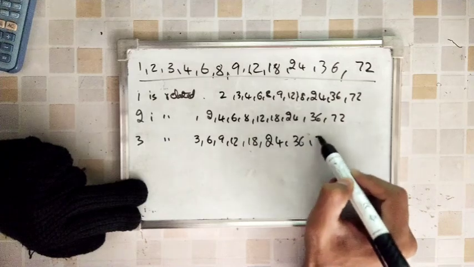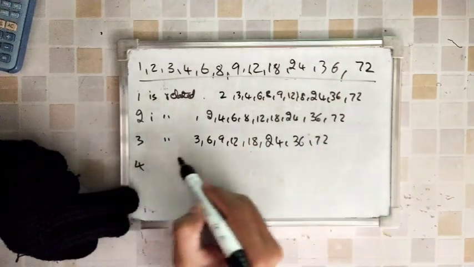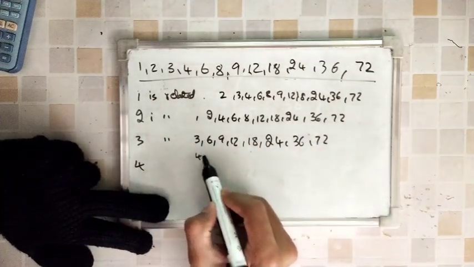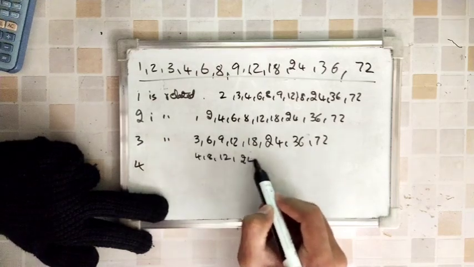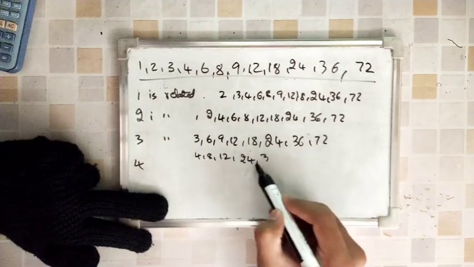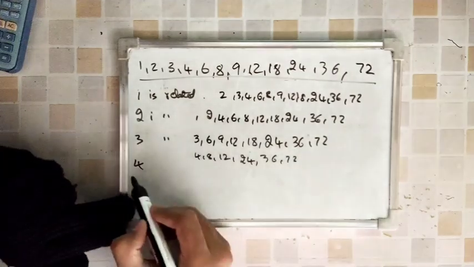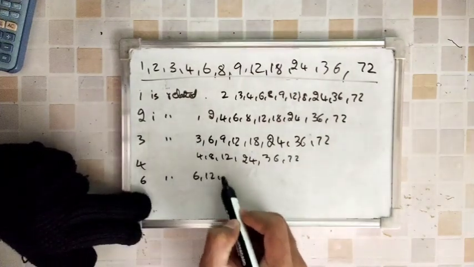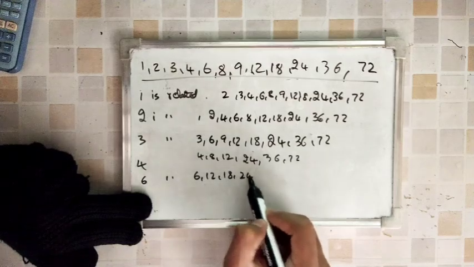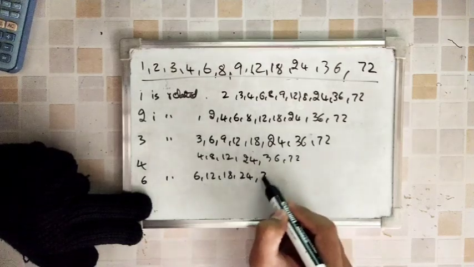Then 72. Then 4 is related to all multiples of 4: 4, 8, 12, 16 is not there, 20 is not there, yeah 24 will come, 36 also will come, then 72. Like that, 6 I will do: 6, 12, 18, 24, 30, 36, 72.